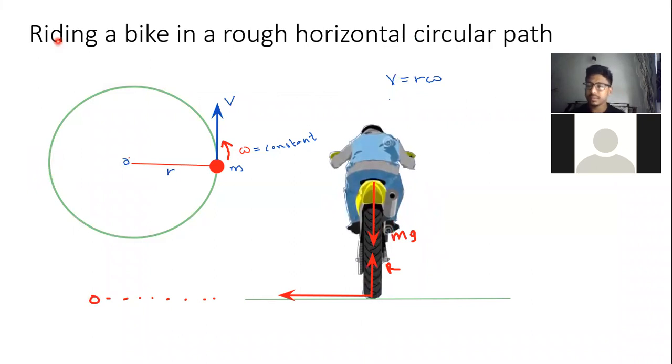Okay, and then the next thing, now let's say the floor is rough. So let us mark the force here. Let's say this is the ground.